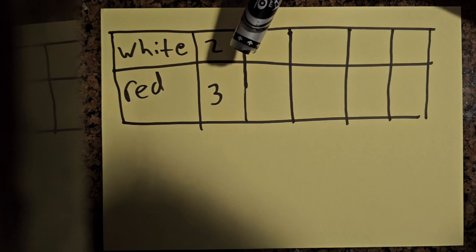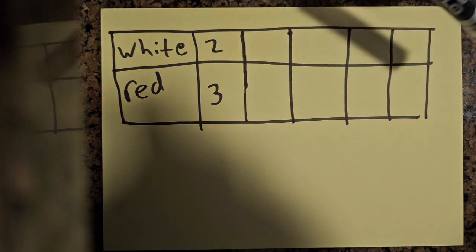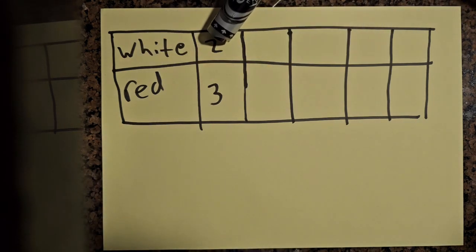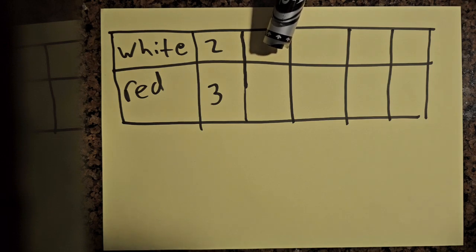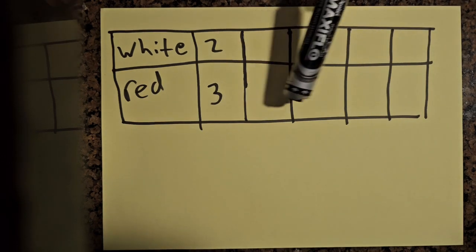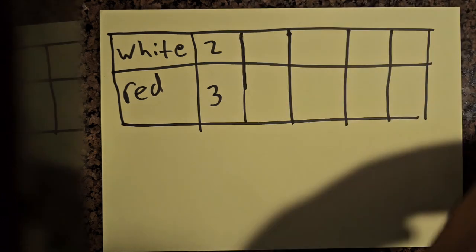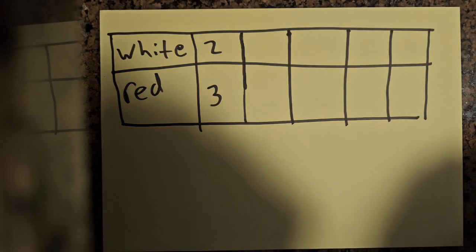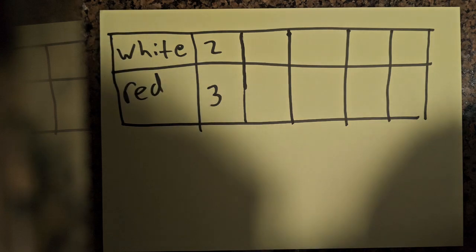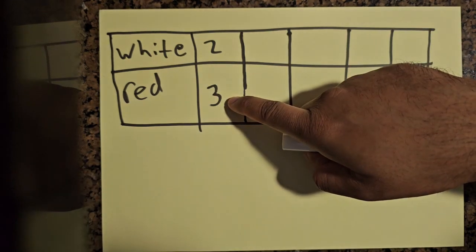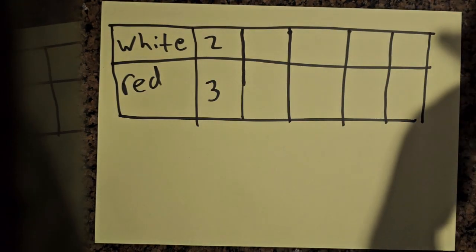And then obviously as we move along, if we were to complete this table, then the next value here would be 4. And as we add 2 over here, we'd add 3 at the bottom. So this one would be 3 plus 3 is 6, and so on, right? But as for whether the table is correct or not, then yes, because for every 2 white roses, there's 3 red roses. And so that's pretty straightforward.